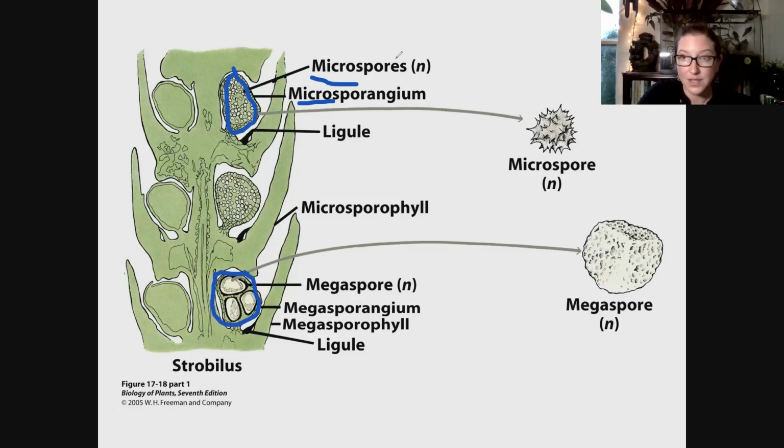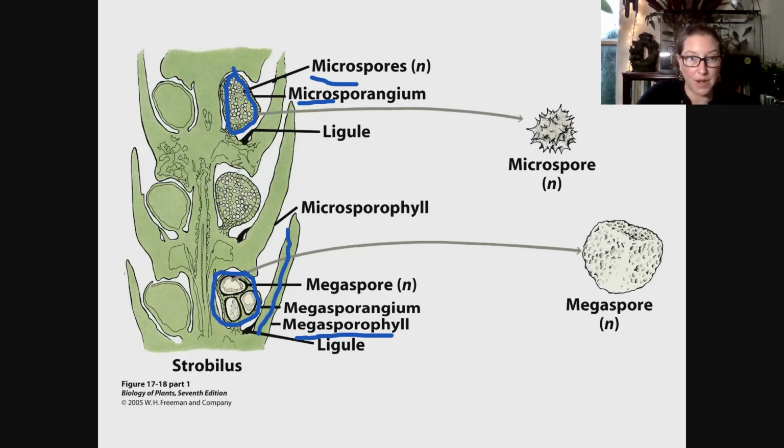And likewise, now that we have two different types of sporangia, we can get more specific about how we describe the leaves they're on. This is where it's helpful to keep these prefixes in mind. So a megasporangium that makes megaspores is on a leaf called a megasporophyll.